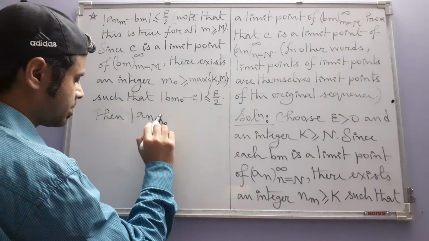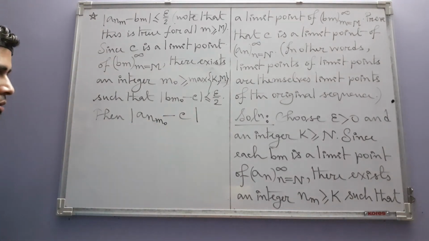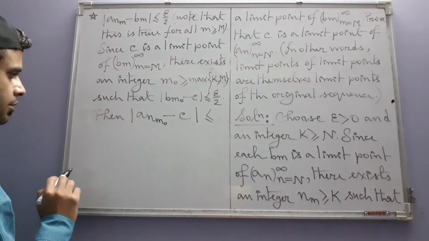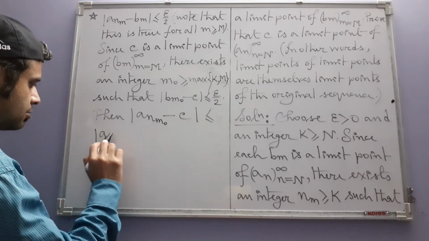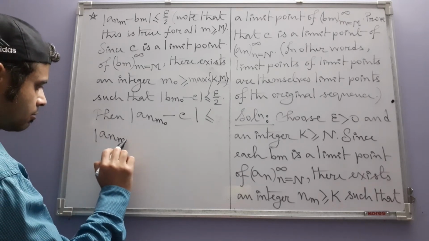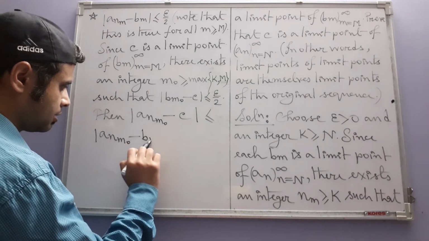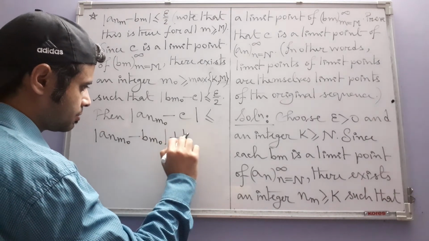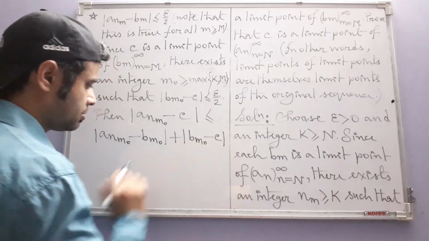Okay, this may be slightly confusing. By the triangle inequality for distances, this is less than or equal to this minus bm naught plus the distance between bm naught and c.